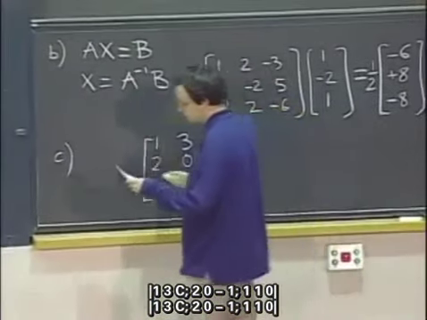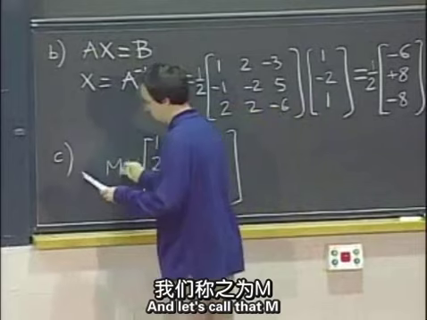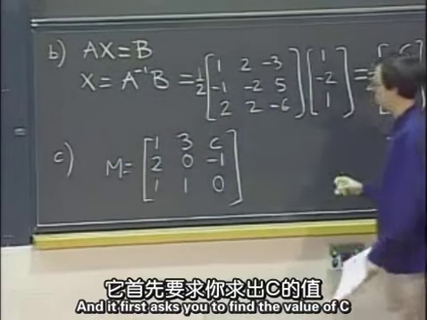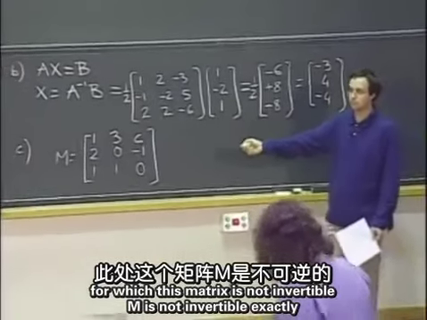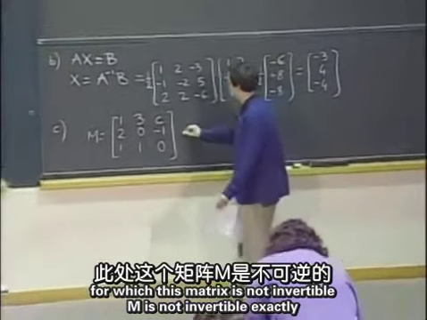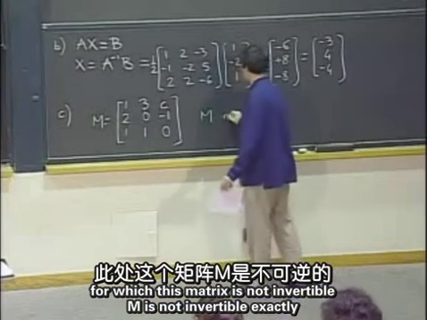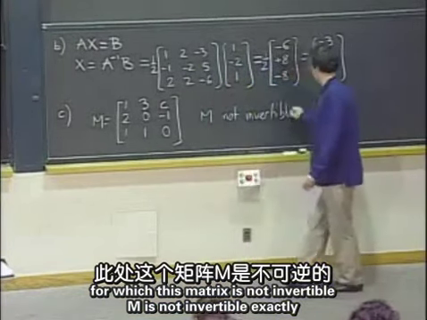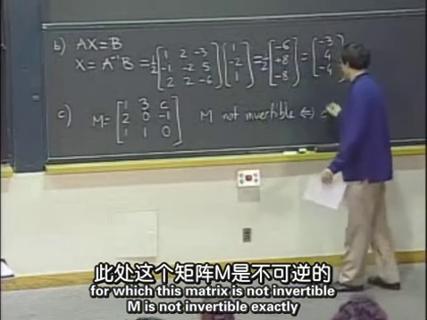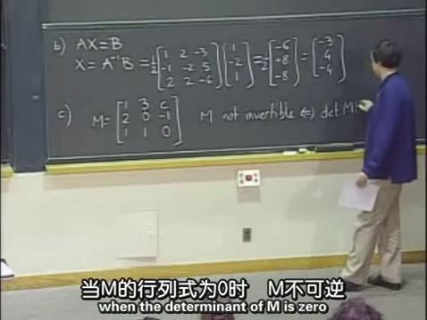Let's call that M. It first asks you to find a value of C for which this matrix is not invertible. So M is not invertible exactly when the determinant of M is 0.